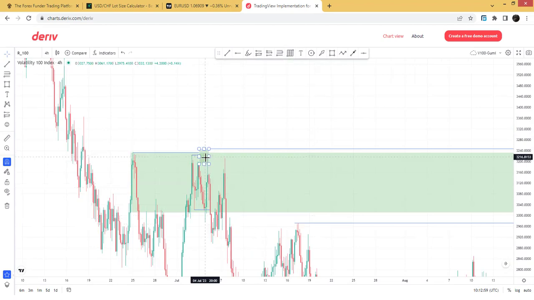Price comes back to the unmitigated wick here, or another block, any POI. An unmitigated wick is a POI because a wick is another block on a smaller time frame, right? So you know that this is another block, but instead of dropping down to the smaller time frame again, I'm simply using the wick.